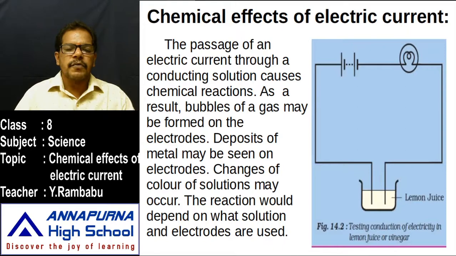From the formation of bubbles, we can decide a chemical reaction has happened. The molecules of the substance split into their respective ions, that is, positively charged ions and negatively charged ions. These ions carry the charge from one terminal to another terminal.